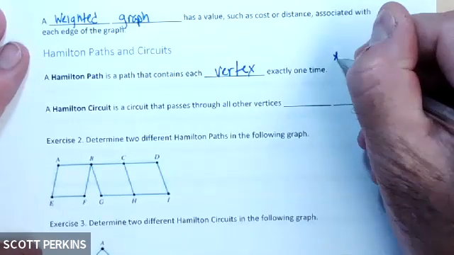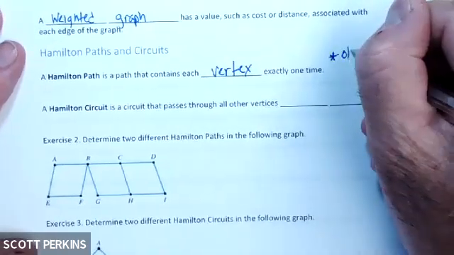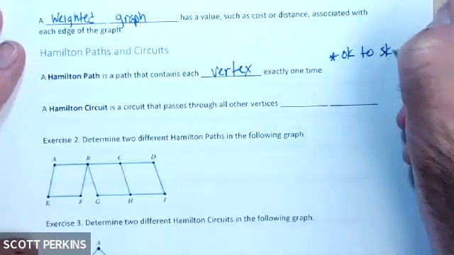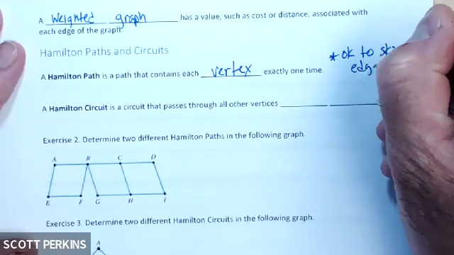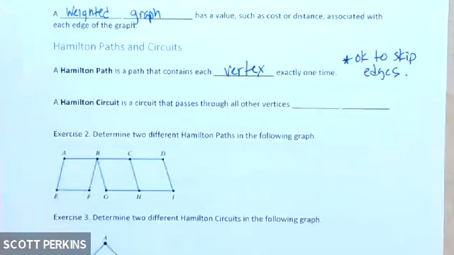That means it's okay to skip edges in your Hamilton path. Most likely you're not going to get to every edge. There are going to be some that you leave out, and that's okay, because the purpose of a Hamilton path is that you are now concerned about the vertices, not the edges. That's the difference.